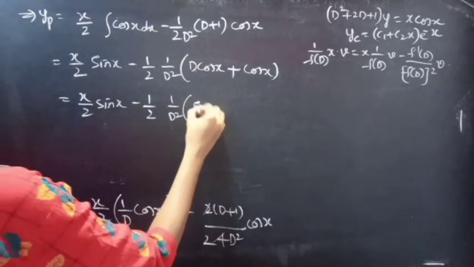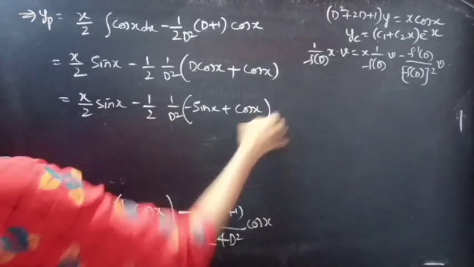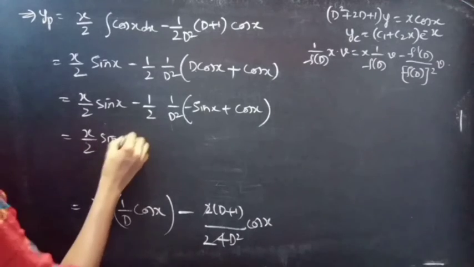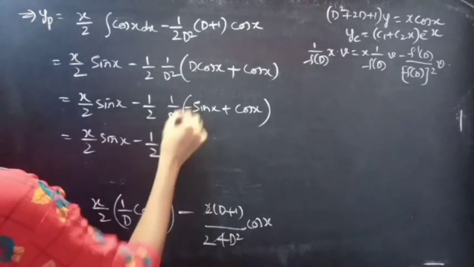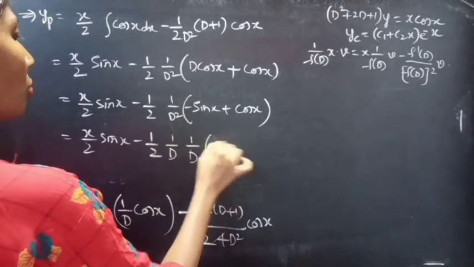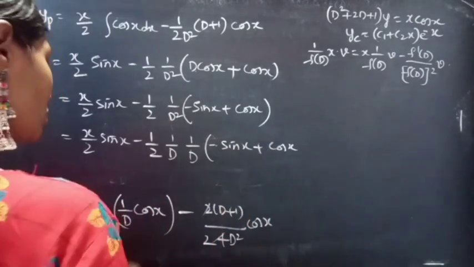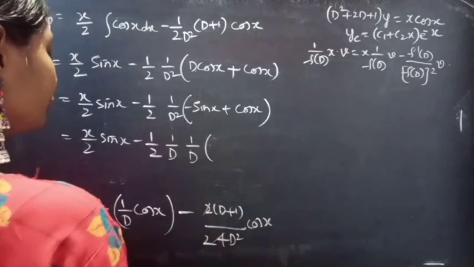Derivative of cos x is minus sin x plus cos x, equal to x by 2 sin x minus 1 by 2 into 1 by d, splitting 1 by d square as 1 by d into 1 by d, into minus sin x plus cos x, or just write it as plus cos x minus sin x.